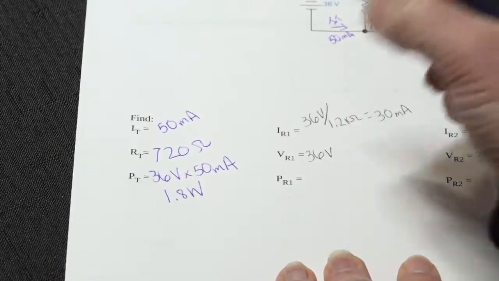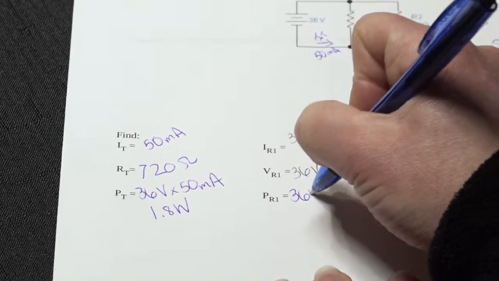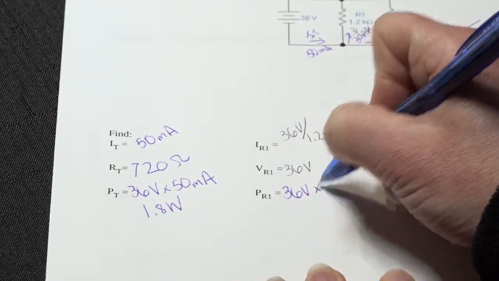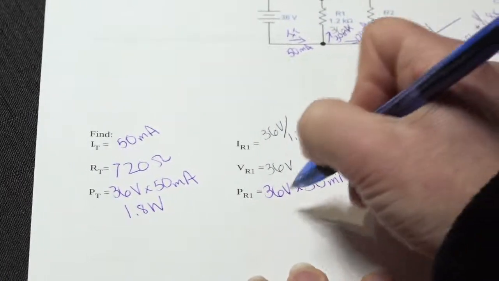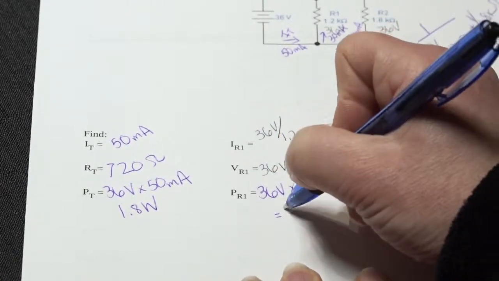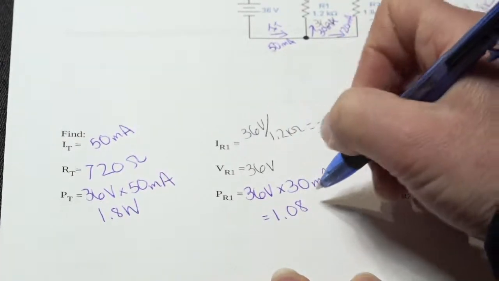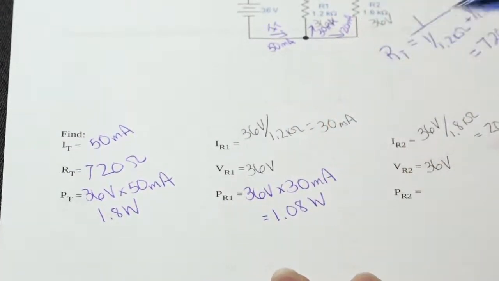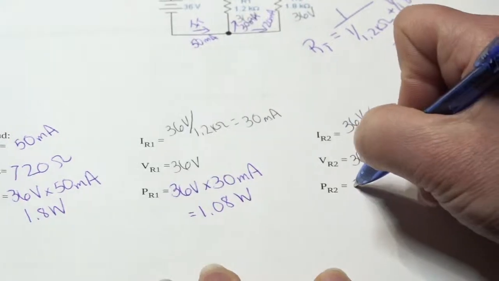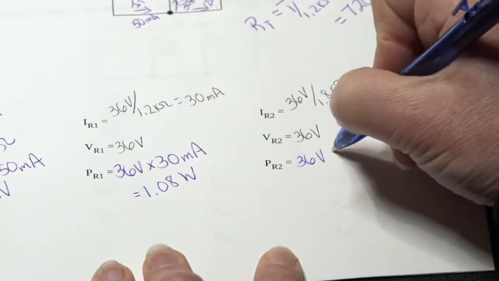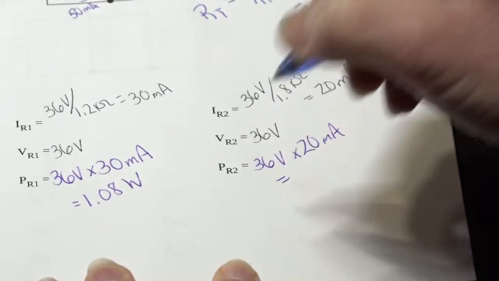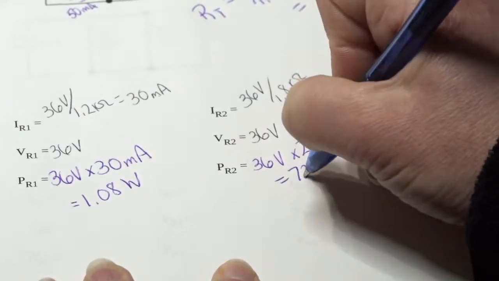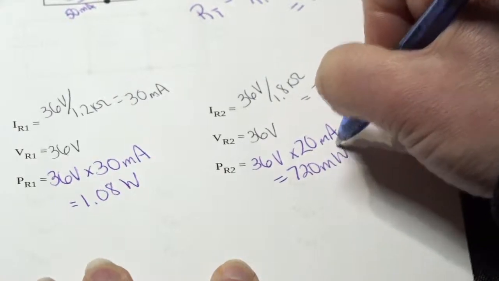Here, to find the power in each resistor, 36 volts times 30 milliamps gives us 1.08 watts, and 36 volts times 20 milliamps equals 720 milliwatts.